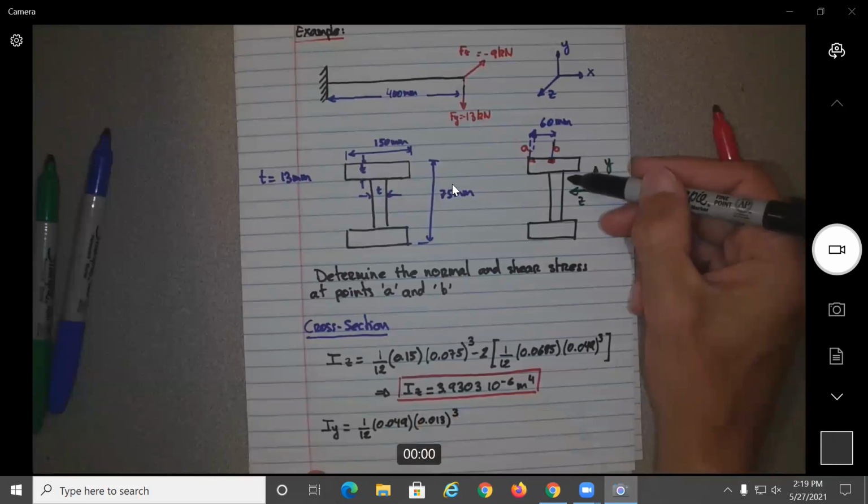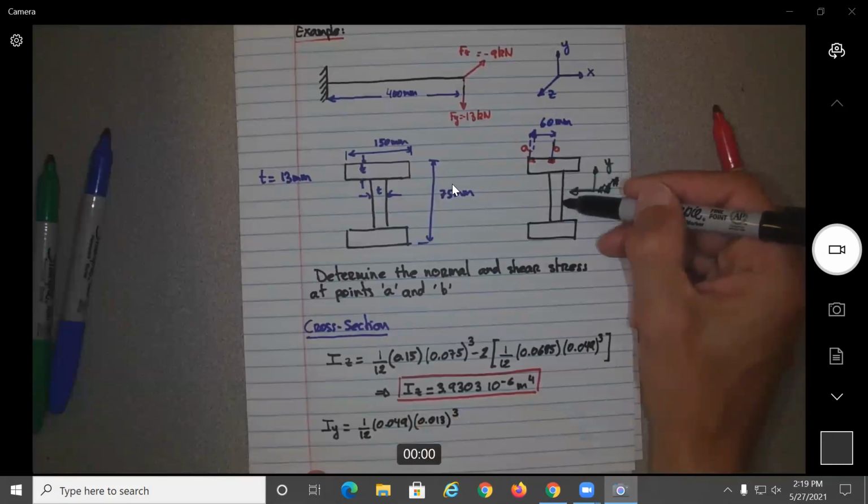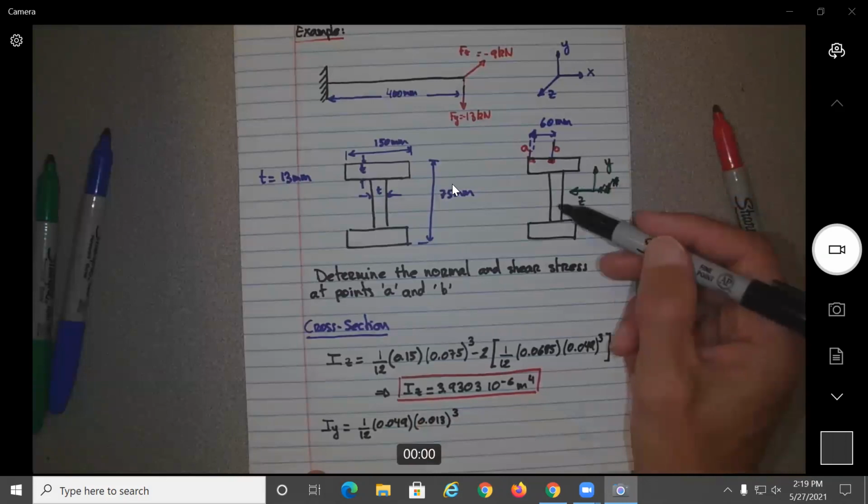So it's 0.049 times the thickness, as we go in that direction.